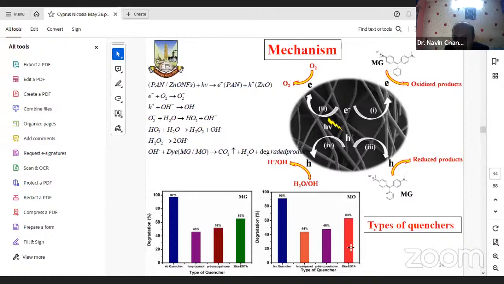By changing the quenchers, malachite green shows 97% degradation in absence of quencher, while it shows less than 97% with quenchers. Again here, the PAN zinc oxide nanofiber is very selective for malachite green dye.